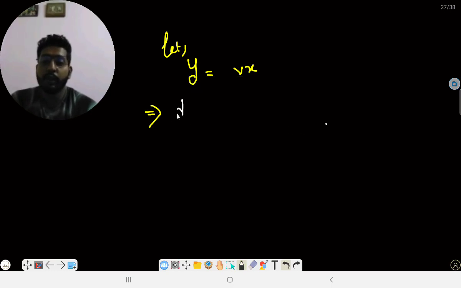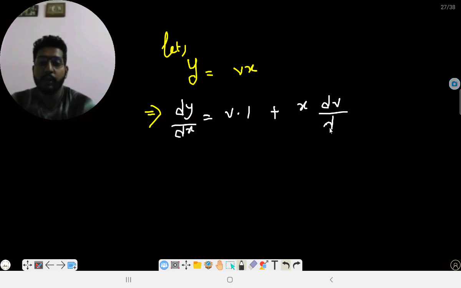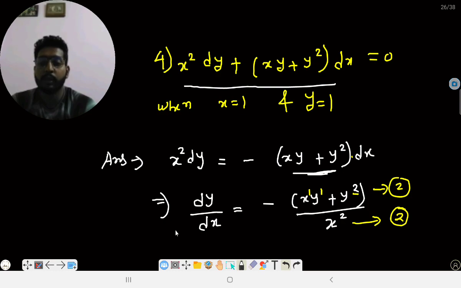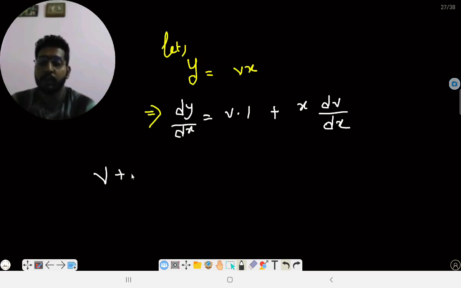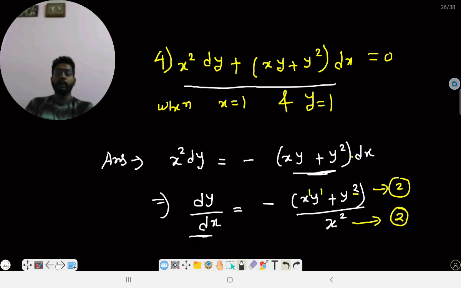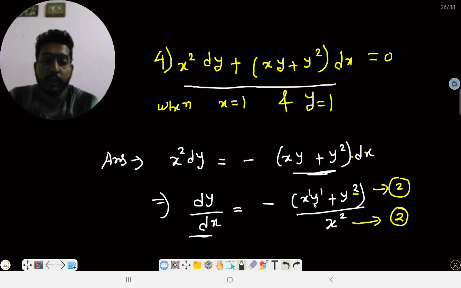Now what is the value here? dy dx equals v into the derivative of x, which is 1, plus x into dv dx. So this is the value of dy dx. Now put the value of dy dx here. It will come like this: v plus x dv dx equals minus xy plus y square by x square.